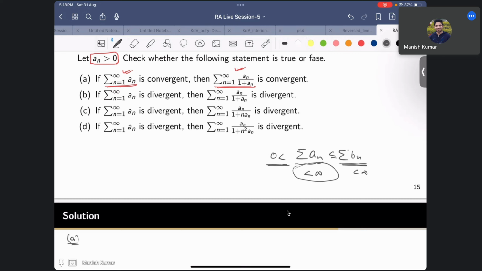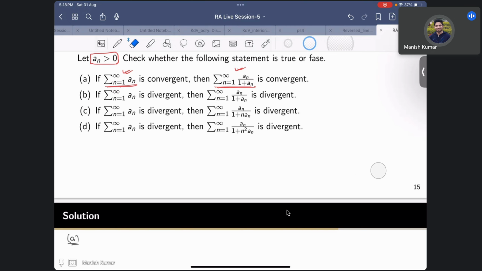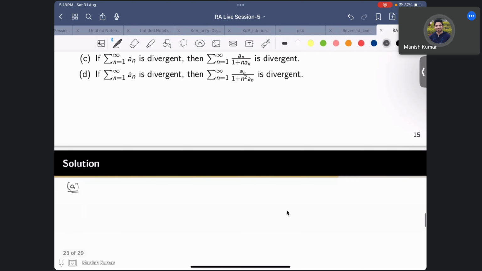Over here you know that this summation a_n is convergent, so can't you compare this one with this a_n? In other words, what I am trying to say, you tell me, is this true?